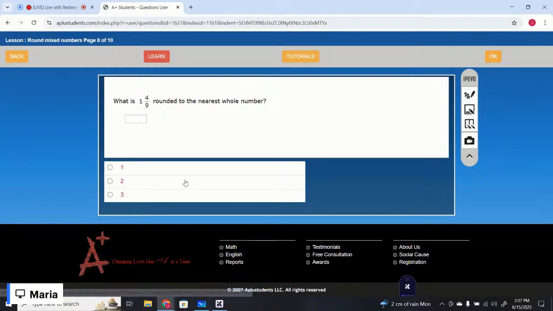It would be rounded to 1 because 4 by 9 is less than half.